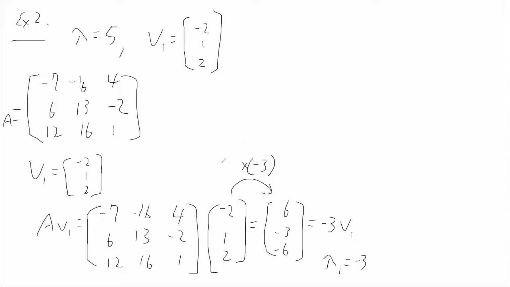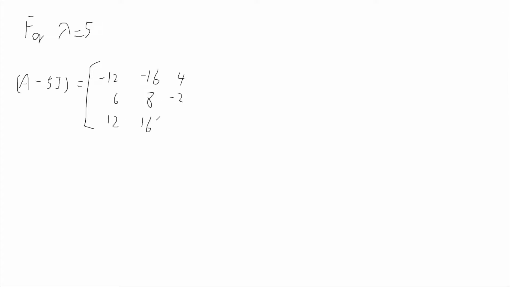Next, let's try to find the eigenvectors for lambda equal to 5. Let's do a new page. For lambda equal to 5, we need to first look at A minus 5I, which looks like this: -12, -16, 4, 6, 8, -2, 12, 16, -4.